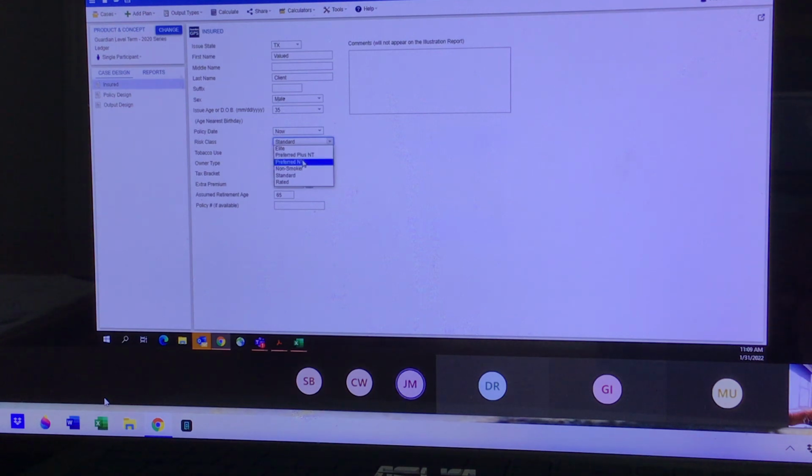Now, if I just go back to second best, for instance, and change this to no tobacco, that would be second best rate class. We have elite, we have preferred plus, we have preferred, we have the standard non-smoker, and then we have the standard smoker, as well as any ratings available on our term cases.